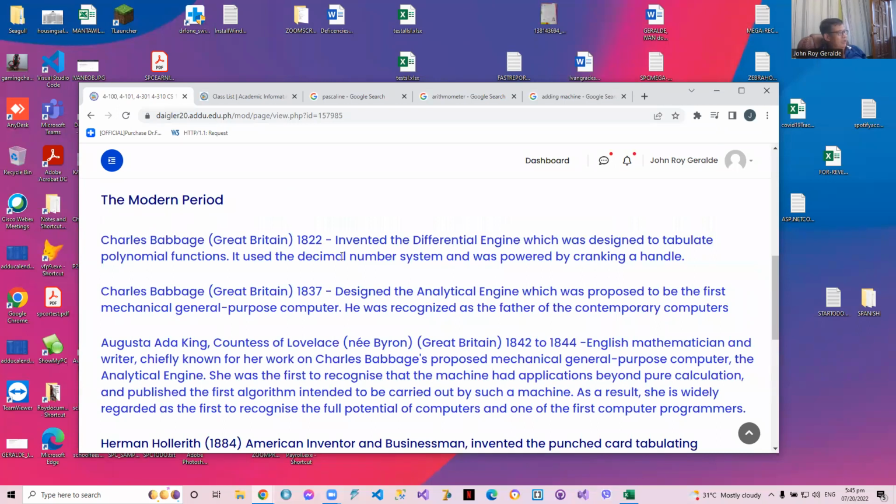In the early 19th century, Charles Babbage, who was a mathematician at Cambridge, invented a certain type of machine called the difference engine. Cambridge University was already there.